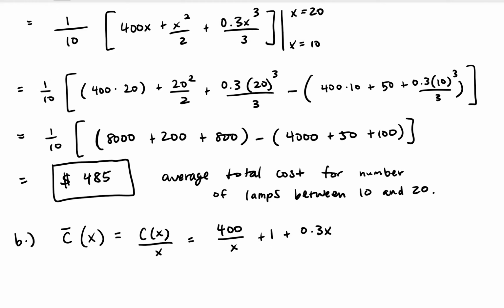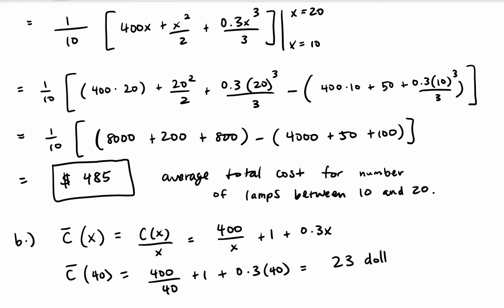And now we just want to evaluate that for when x equals 40. That equals $23 per unit, or per lamp in this case.